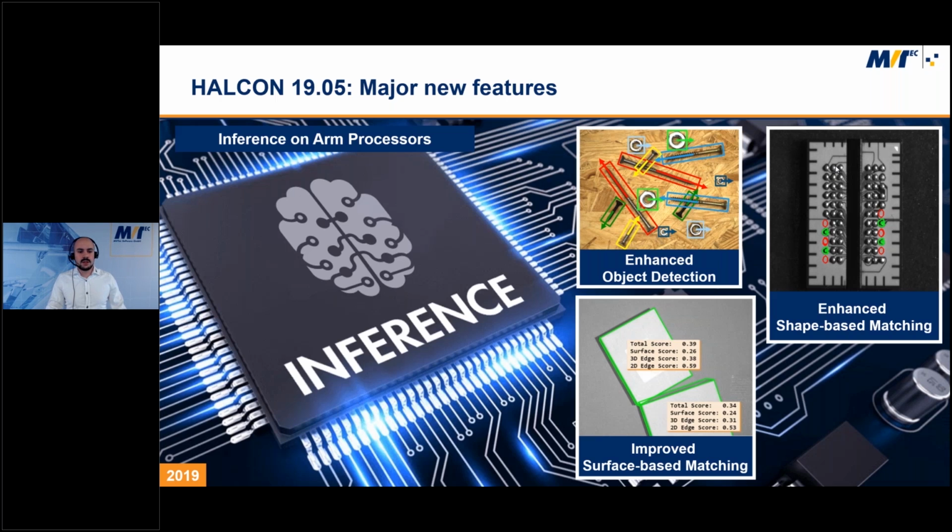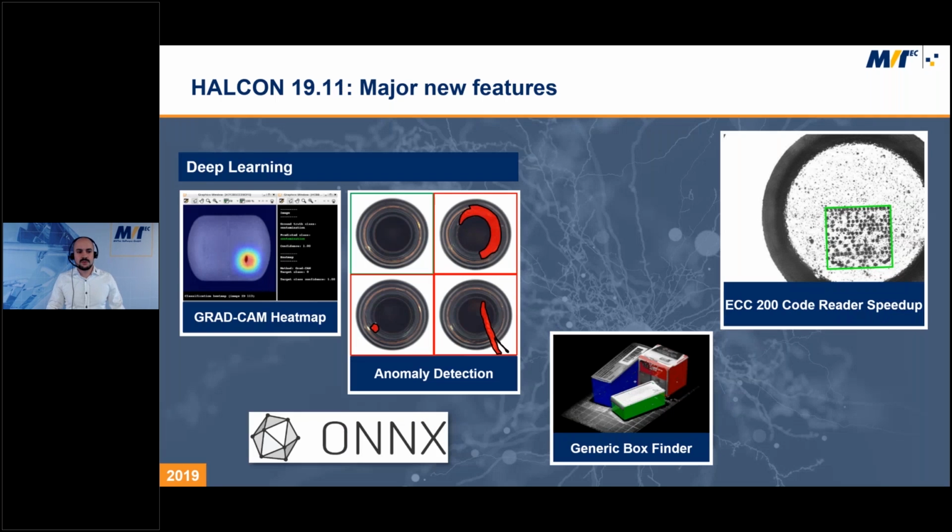Okay, 19.11 was the next step and comes with one major improvement, a new technology for deep learning. This is the anomaly detection, a very nice new deep learning technology which gives you totally new possibilities, because you do not need any labeled data anymore. The anomaly detection works only with good images, so you only have to collect samples which look the way they should be.